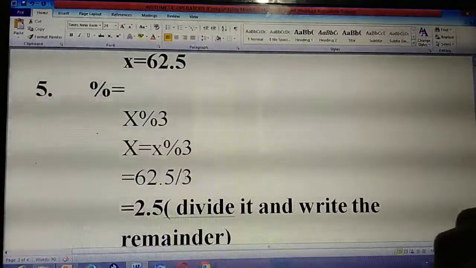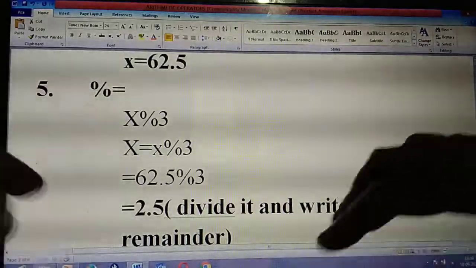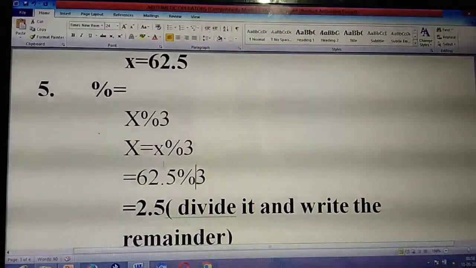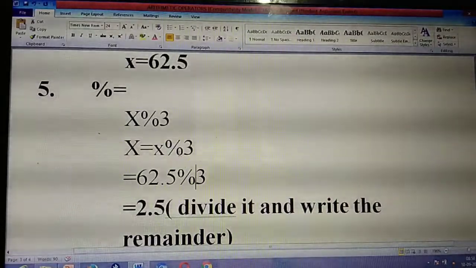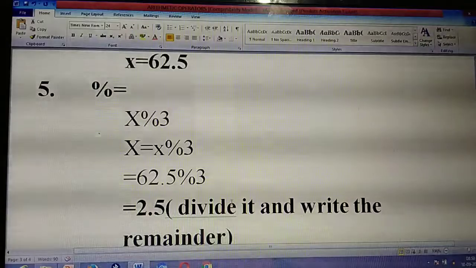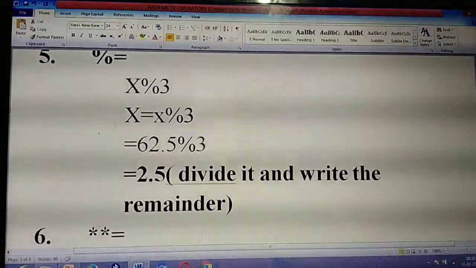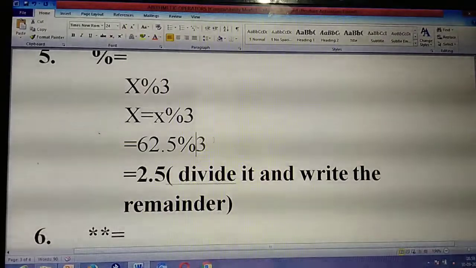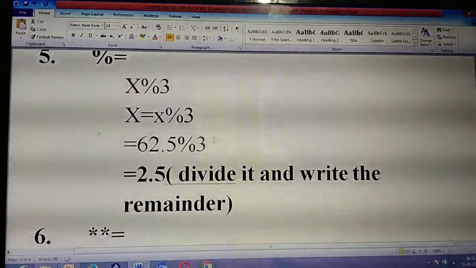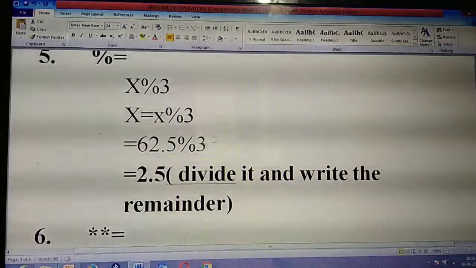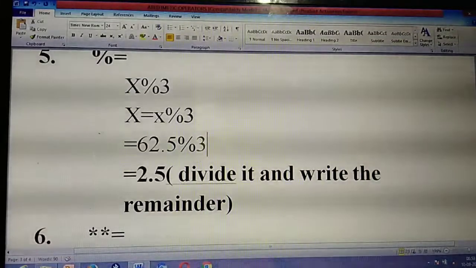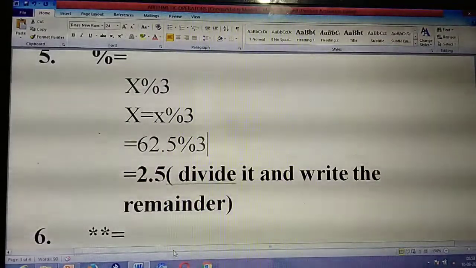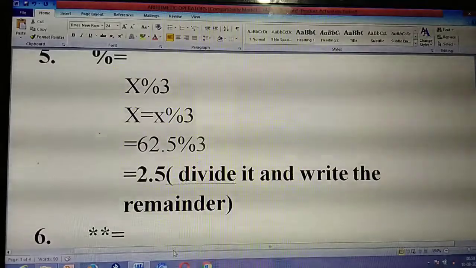Substitute 62.5 here with the modulus operator 3. You should divide 62.5 by 3. While you are dividing, with the modulus operator you should always write the remainder as the answer.